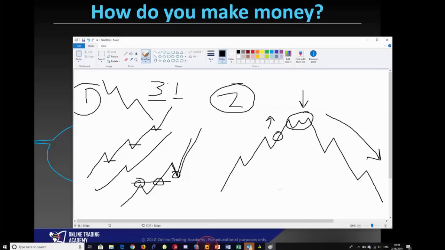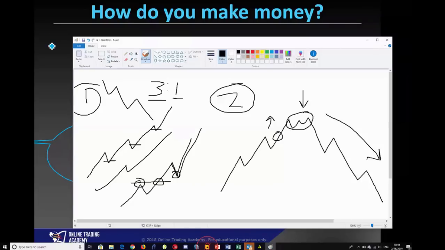You know, the best time to join a trend is at the very start of the trend. So you can either join an existing trend or you can try and get in at the start of a brand new trend. Which of these two is going to have the biggest risk to reward ratio? Well, number 2, getting in at the start of a brand new trend. And what I want you to think about is where this concept comes from.